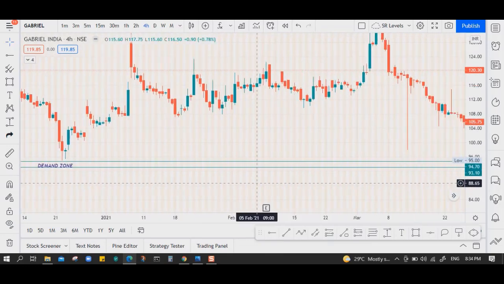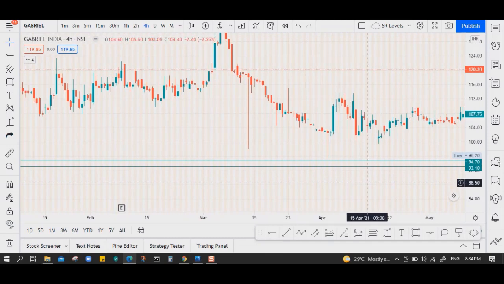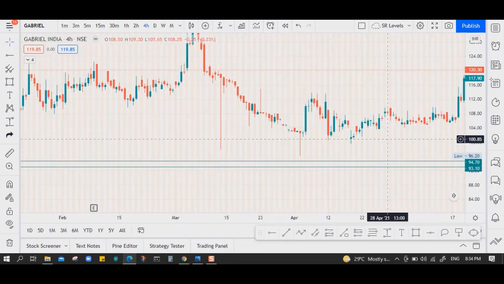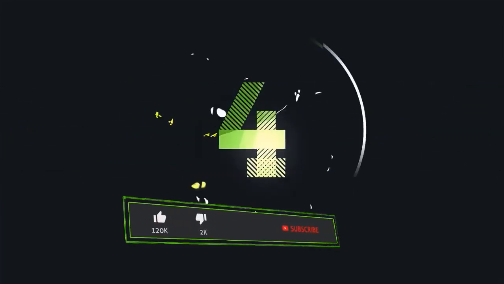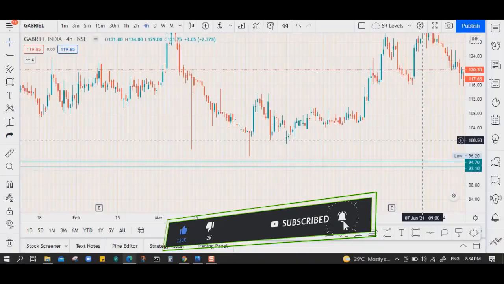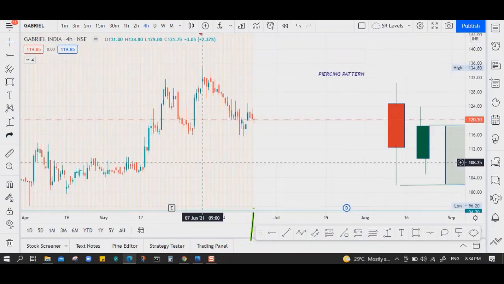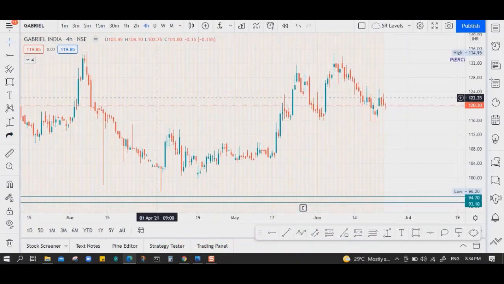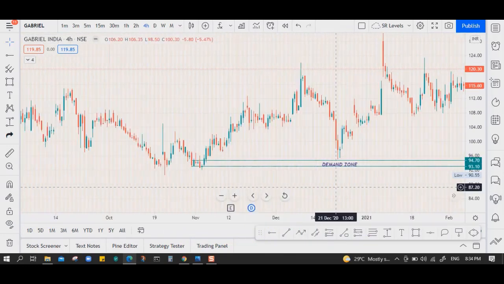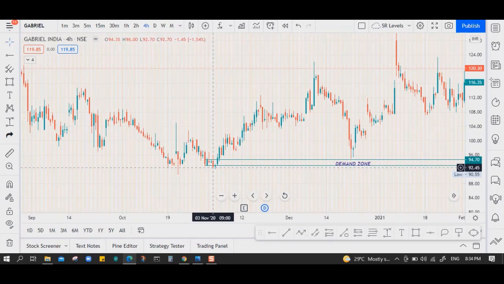If you go to the right side, see the price is coming to this zone, but it's reversing from here. Okay, that's all now. Maybe in future you can refer to this Gabriel India stock. Hope you understand this concept, right?